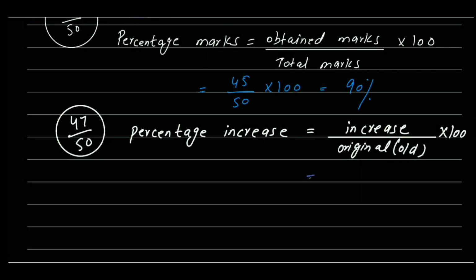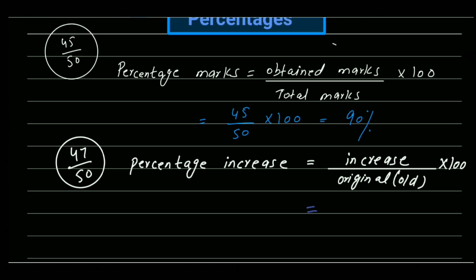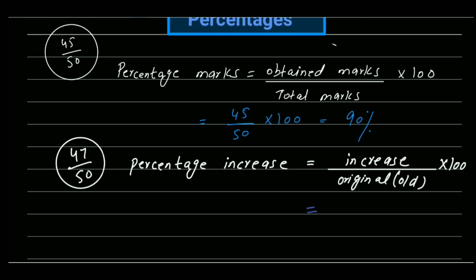So what we have to do here is find the increase: 47 minus 45, which is 2. We write 45 as the original, because the numbers increased by 2, the previous numbers were 45 and now they are 47.